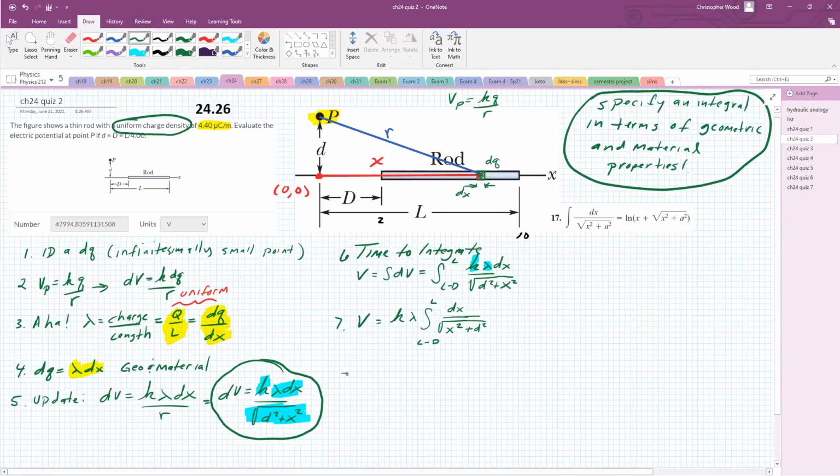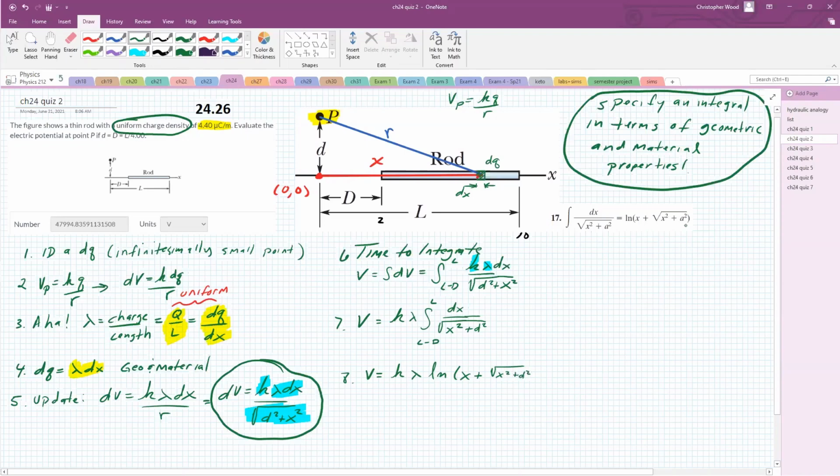All right, so now I have the voltage is K lambda times natural log of x plus square root of x squared plus d squared.